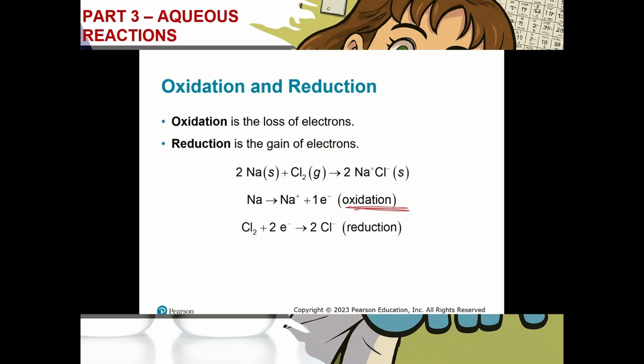And here chlorine is gaining electrons, so it is suffering reduction. If something is being reduced, it is the oxidizing agent. If it is being oxidized, it is the reducing agent, because it is making the other one reduce. This is making this oxidized.